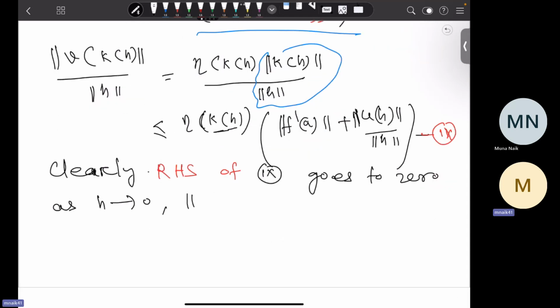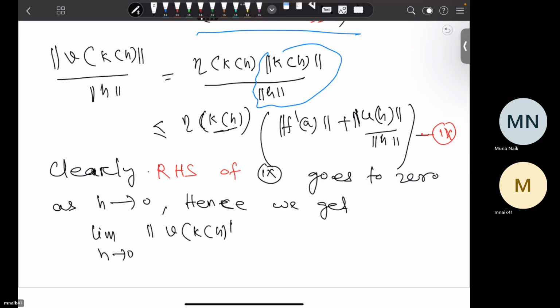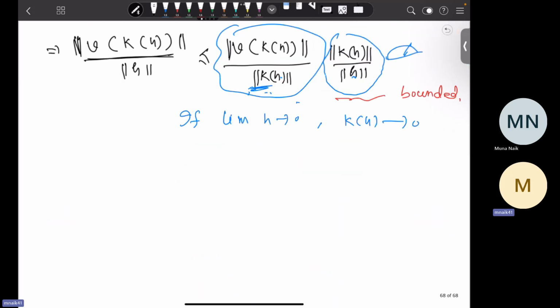Hence we get the limit as h tends to 0 of norm of B of k(h) by norm of h is equal to 0.